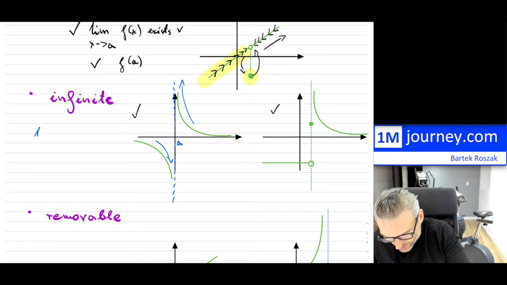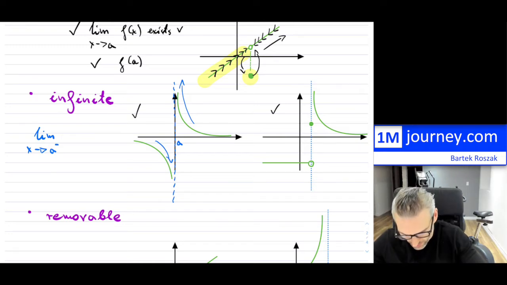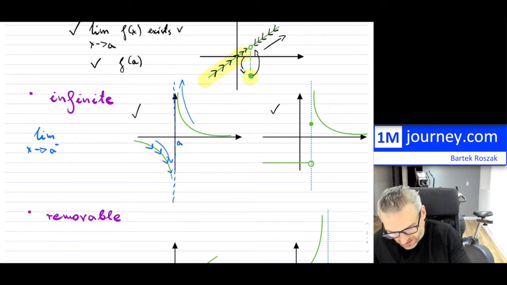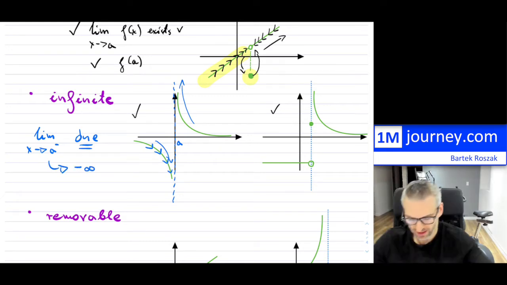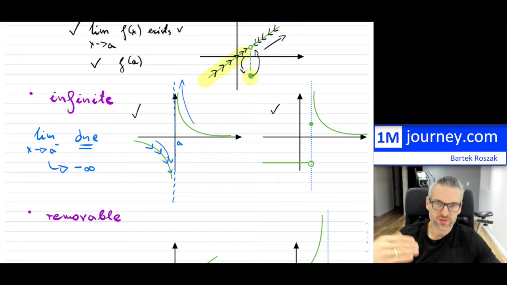So notice, if we try to find the limit as x is approaching A from the left-hand side, going in this direction, that limit actually does not exist, right? It would have been tending towards negative infinity.